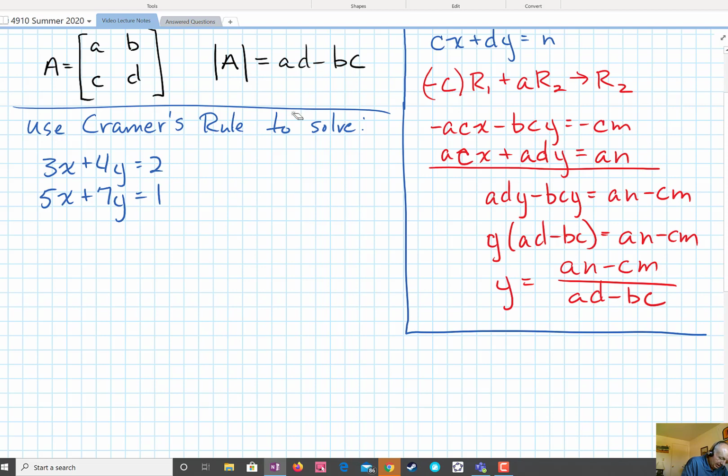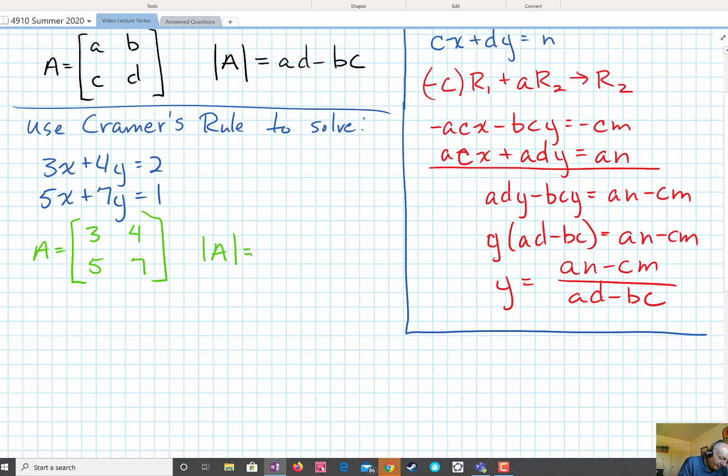A is the coefficient matrix, which is 3, 4, 5, 7. Like I said, if this was a 3x3 or 4x4 case, you would do the same thing. A is the coefficient matrix, but we're going to do the 2x2 case.